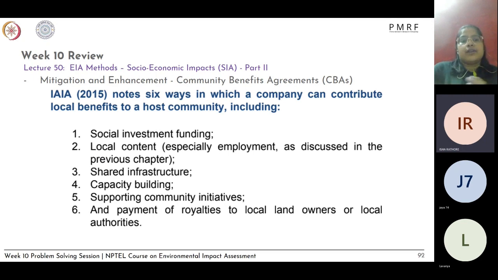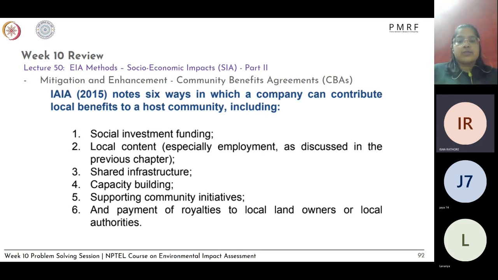Then we also have the IA, which has 6 ways in which a developer can contribute local benefits to a host community, and these include social investment funding, where you fund social projects like village halls and other things.